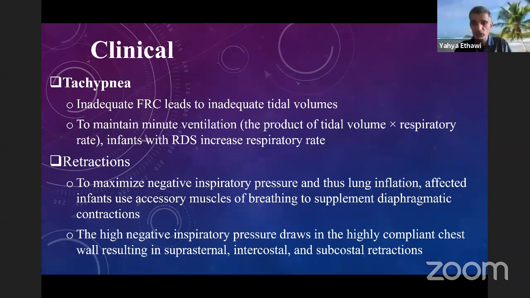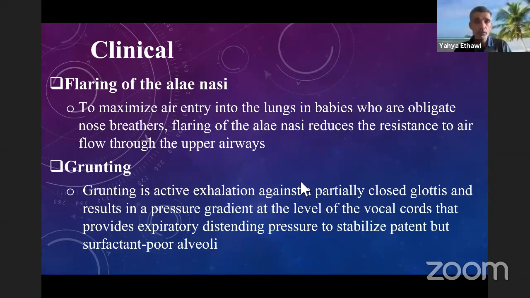We have retraction to increase the negative pressure inside the chest to help lung inflation by using accessory muscles. That negative pressure is vital for better inflation of the lung. Flaring of alae nasi to maximize the air entry into the lung.